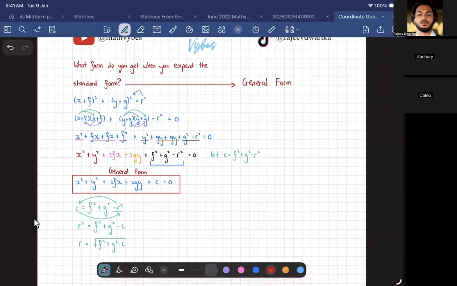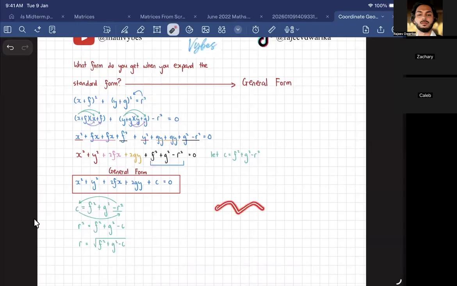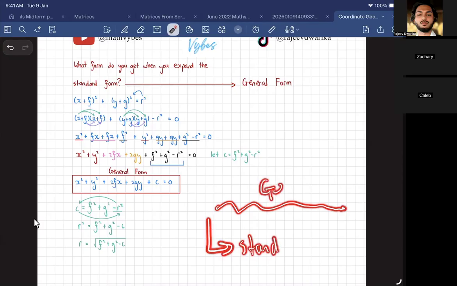R equals the square root of F squared plus G squared minus C. Let's just say they gave you the general form and they said, okay, write it in the standard form for me, how would I go about doing that?